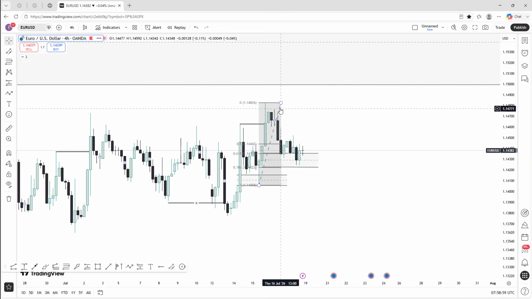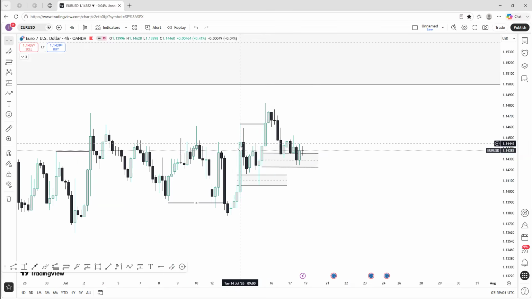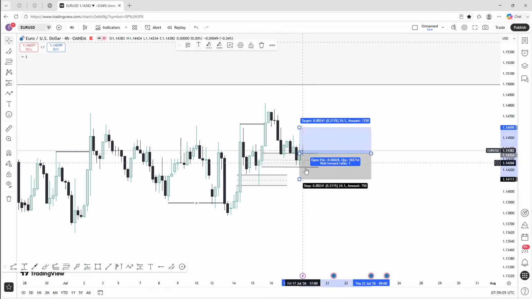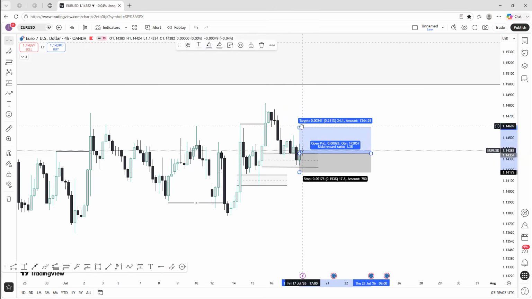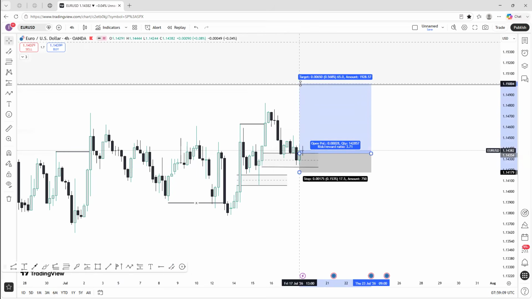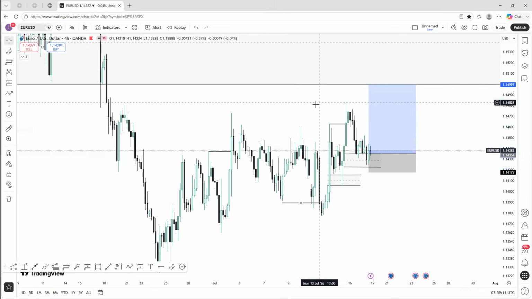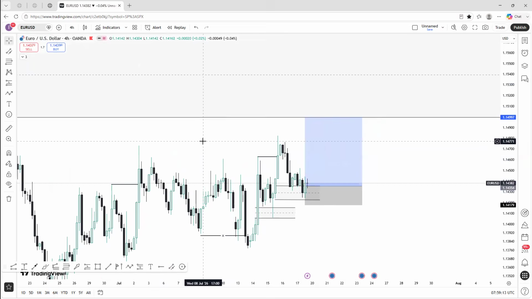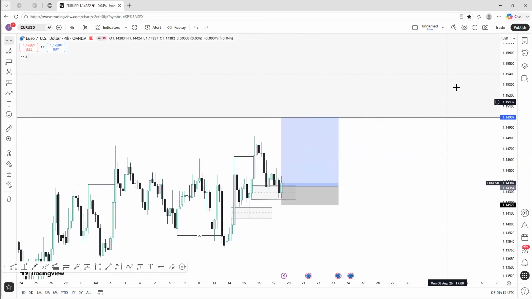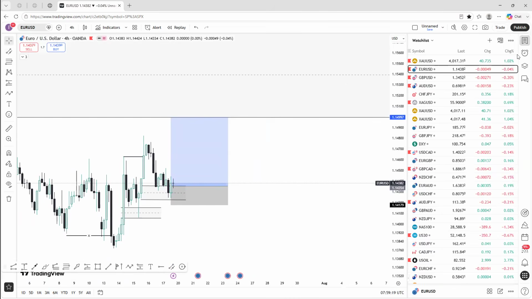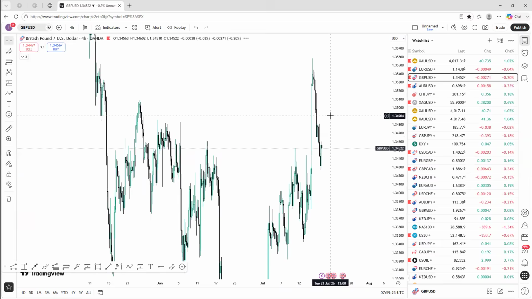So expecting on Monday, we'll find buys from this optimal entry area. Our target should be that weekly supply. That is how it is on EURUSD. Find buys from that zone, wait for a clear shift, then execute the trade, targeting that weekly supply.